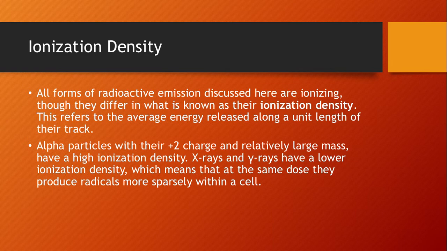Alpha particles, with their +2 charge and relatively large mass, have a high ionization density. X-rays and gamma rays, for example, have a lower ionization density, which means that at the same dose they produce radicals more sparsely within a cell.